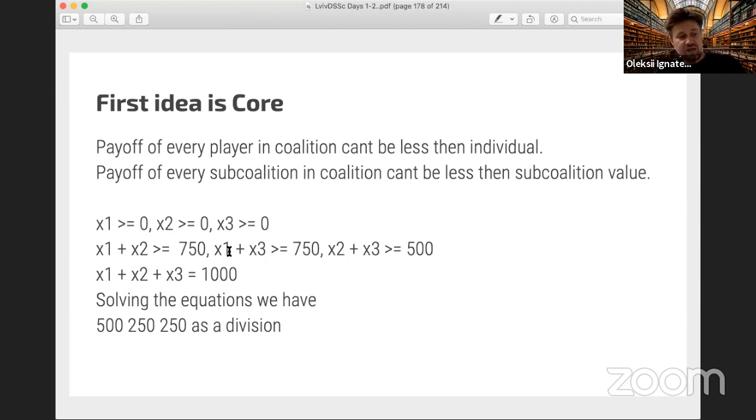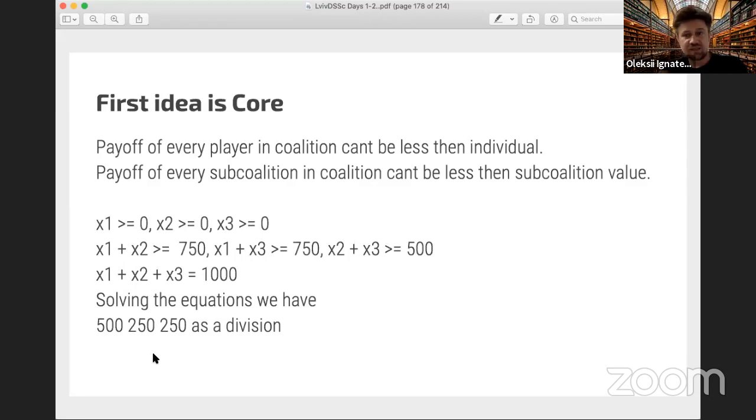First and third also, but second and third are less valuable because they have less money, so they can afford only 500. So if we solve this equation, we will get a unique solution, and this is the first player should get 500 because he has a bigger amount of money, and second and third should have 250.